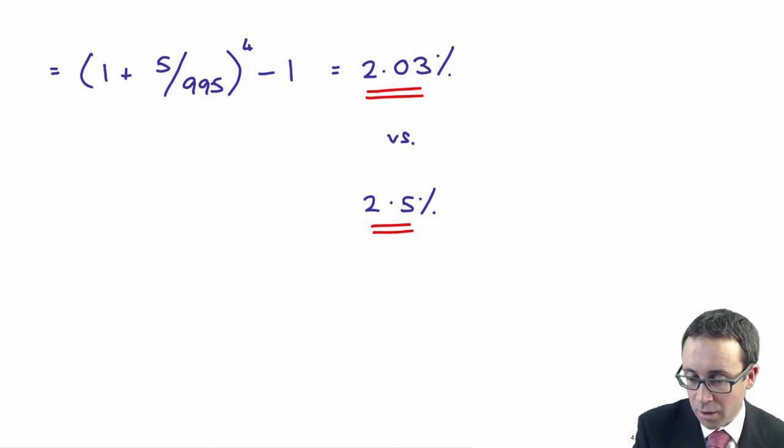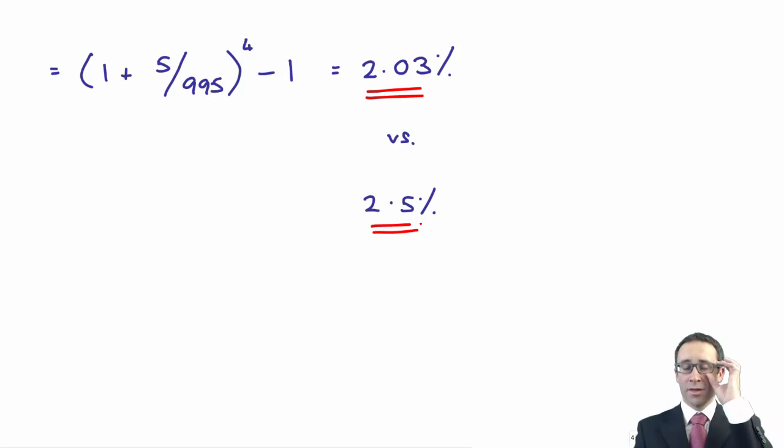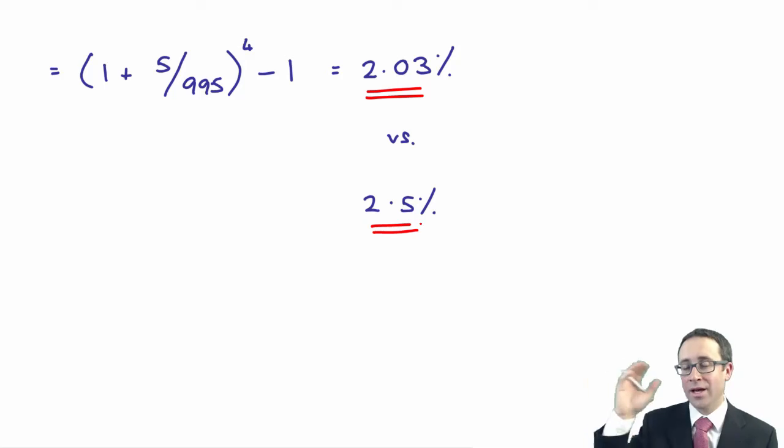Okay. So what you've got there is 2.03% on the treasury bill versus the 2.5% which was on the bank deposit, which is great, isn't it, if you think about it, because you've got less of a return on the treasury bill because you have that little bit less risk than what you have on the bank deposit. Okay, there we go. You're unlikely to have to do the calculations that we've got there. I suppose that's just a little bit of showing off.